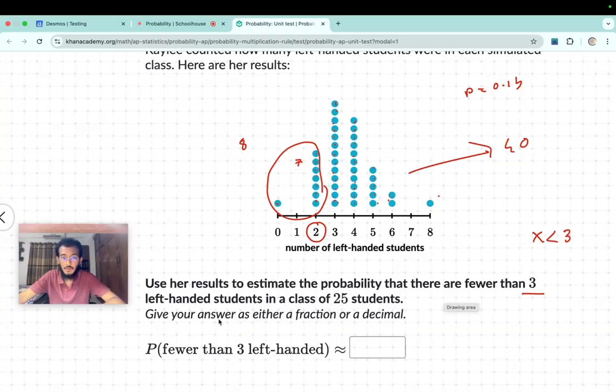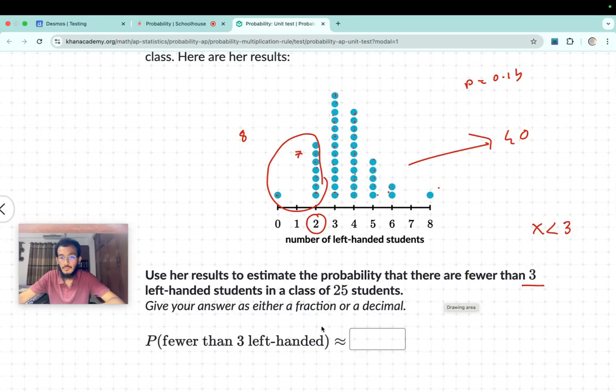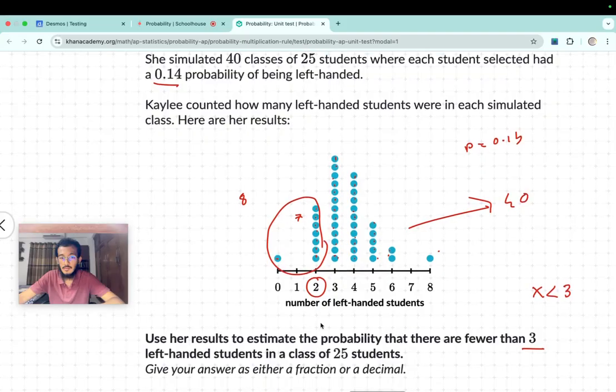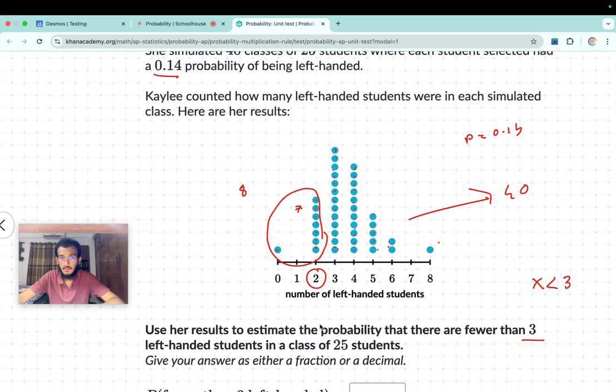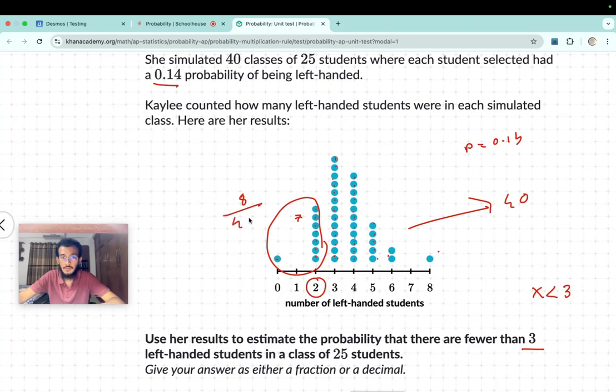Okay, give your answer as either a fraction or decimal. Probability of fewer than 3 left-handed. So we have a total of 8, so we have 8 upon the total, which is 40.